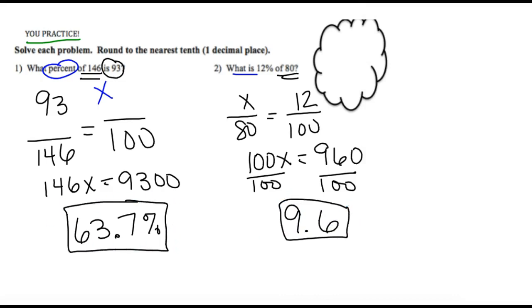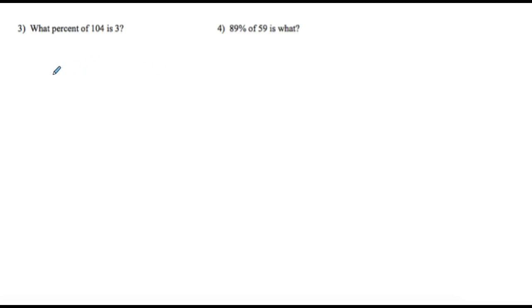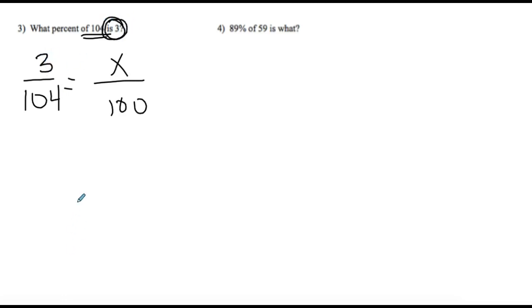The next two examples you should have practiced on your own. When I look, I notice that I'm missing the percent sign, so I'm going to put my x there. Of 104 means the 104 goes bottom left, is 3. 3 goes there. Cross multiply: 3 times 100 is, oops, it's 300, not 100. So I'm going to fix that real quick. 3 times 100 is 300. 104 times x is 104x.